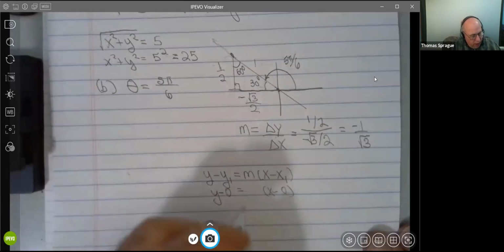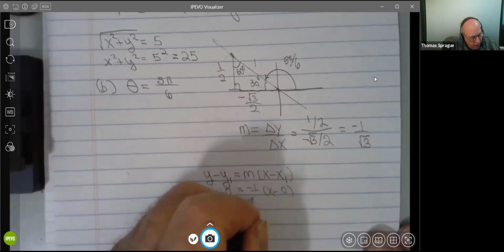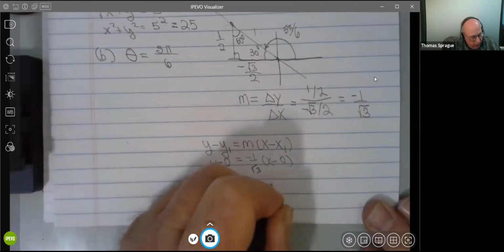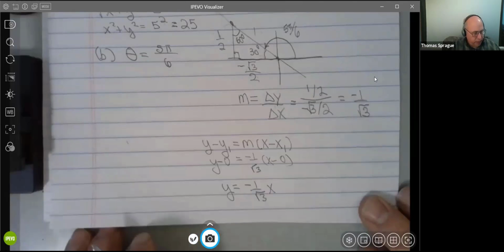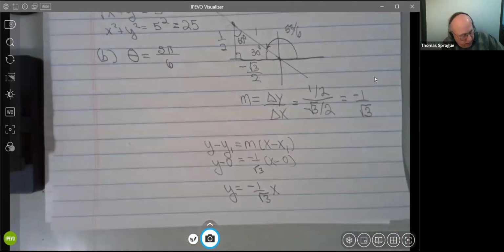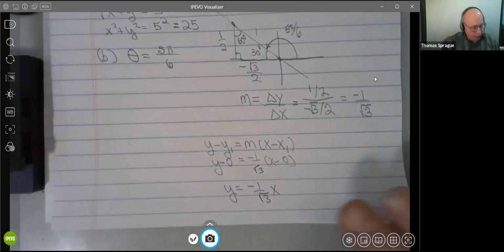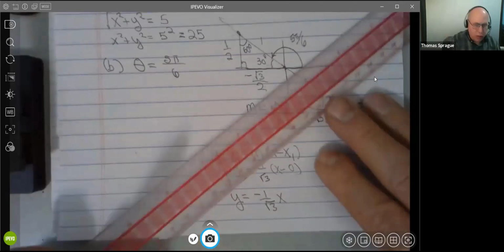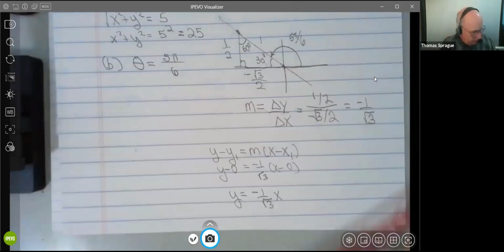And we know the slope now, -1/√3. So y equals -1/√3 times x. And you definitely need the negative, because if you had a positive, then you'd have a line that goes like this.